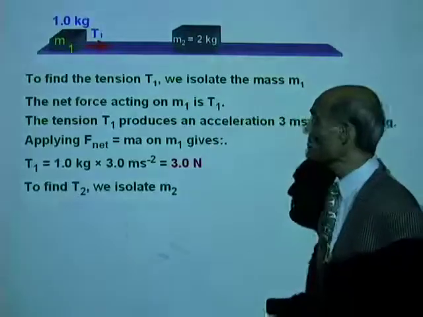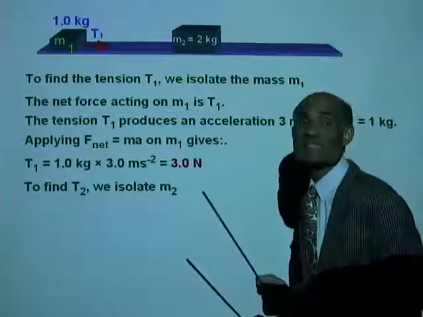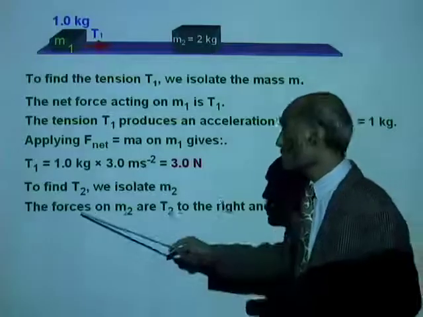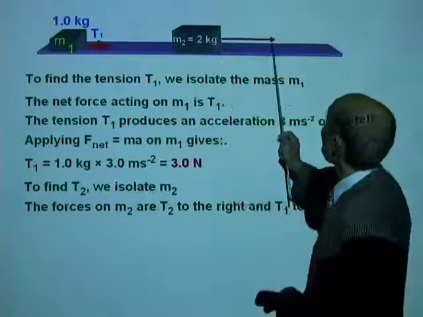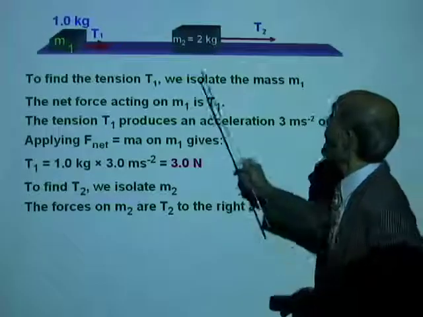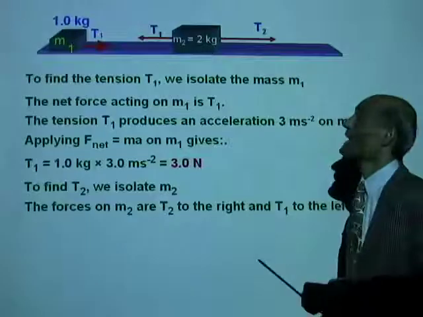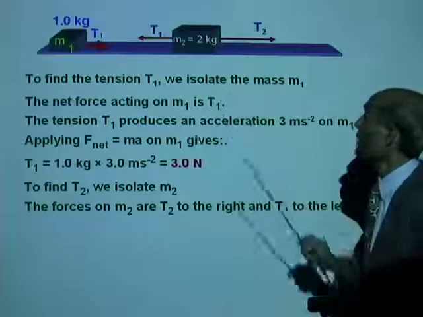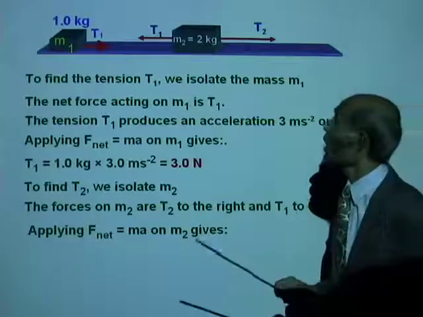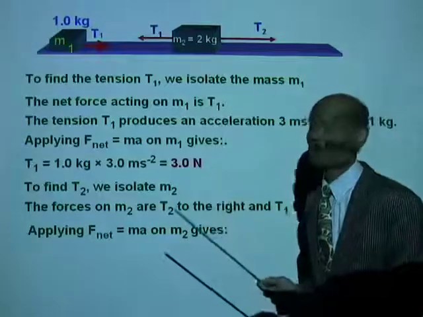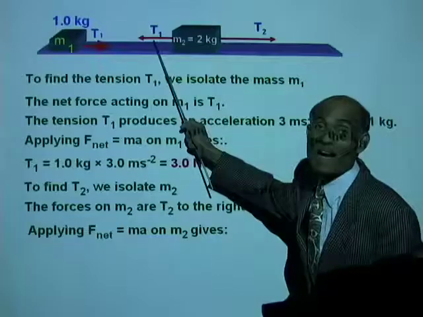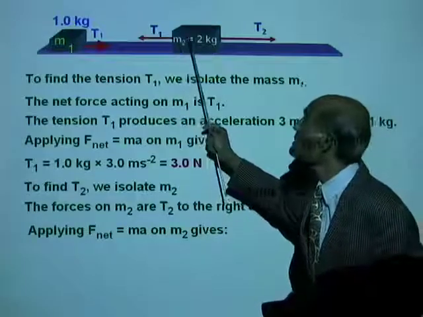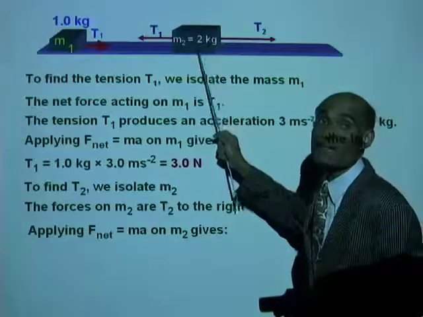So to find T2, we isolate M2. The forces on M2 are T2 to the right and T1 to the left. Therefore, what is the net force on that mass? The net force is T2 minus T1, and that net force must be equal to M2 times A.